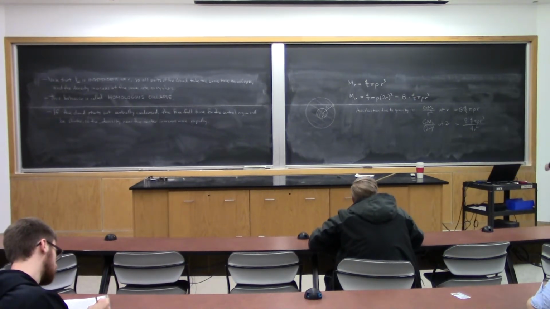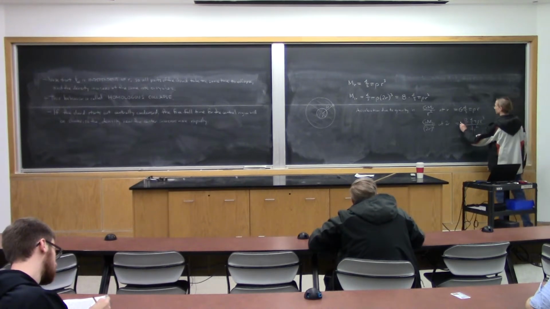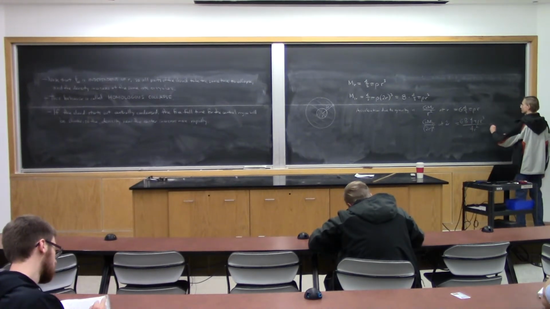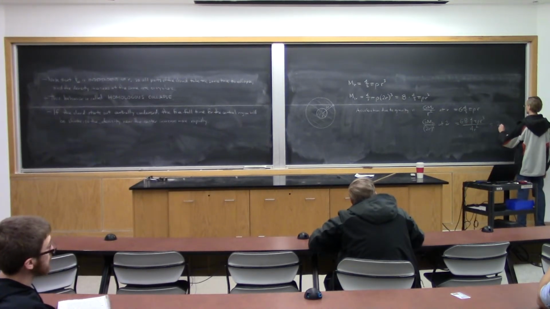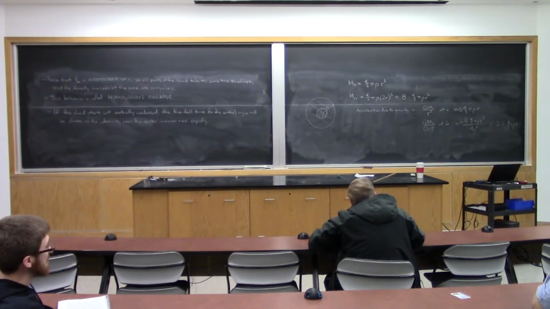So my M of 2r was 8 times 4/3 pi rho r cubed, and now I'm dividing by 2r quantity squared. So I get 2 times G times 4/3 pi rho r, twice as big.